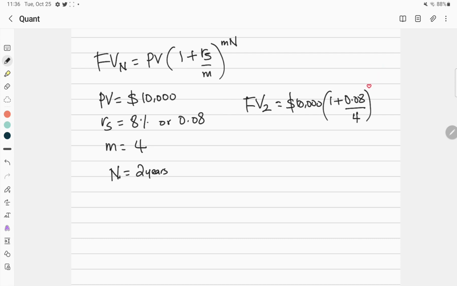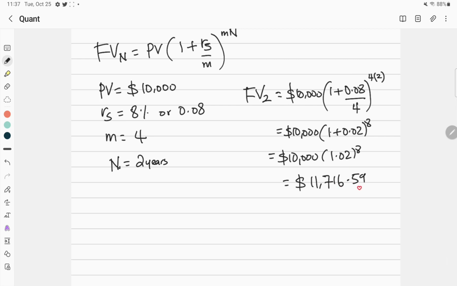That is how frequently it's compounded per year, 4 times for 2 years, right? M times n. So this is simply 10,000 times 1 plus 0.02 raised to 8. This is simply 10,000 times 1.02 raised to 8.